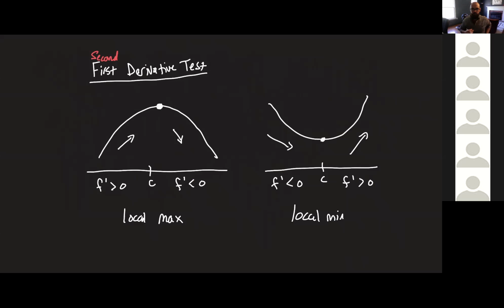Okay, so I'm going to use the same pictures. Do we remember what kind of information we get from the second derivative? First derivative told us when functions are increasing and decreasing. What did second derivative tell us? Concave up and concave down. Yeah, concave up and down. So if I look at these pictures and start thinking about the second derivative, if we're going to have a local max, and I wanted to use the second derivative to tell me about a local max, what should I see?